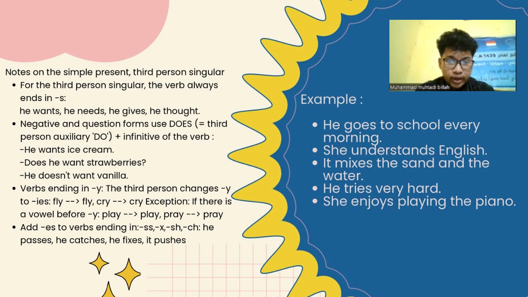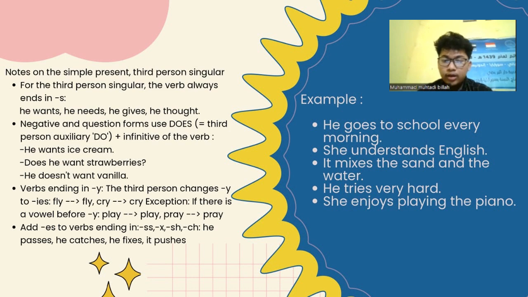Fourth, add es to verbs ending in ss, x, sh, ch, like he passes, he catches, he fixes, it pushes. For example, he goes to school every morning. She understands English. It makes sense. He tries very hard. She enjoys playing the piano.